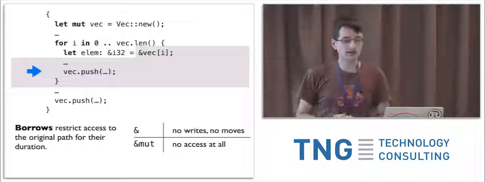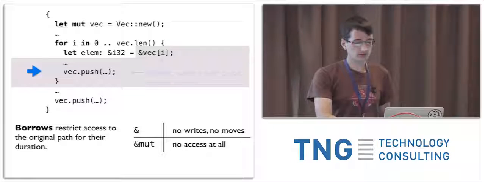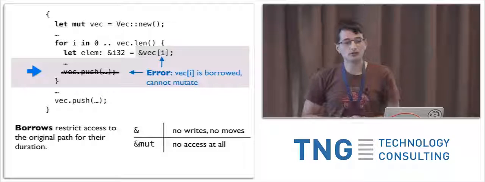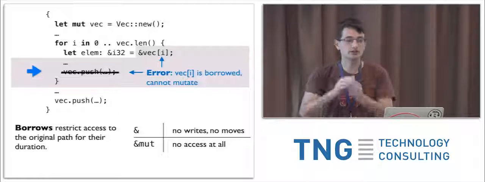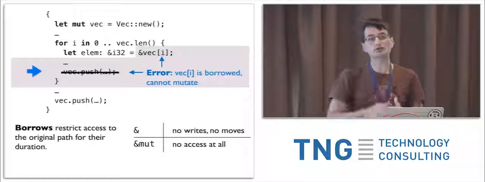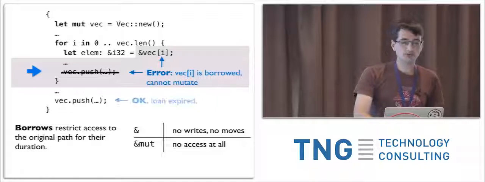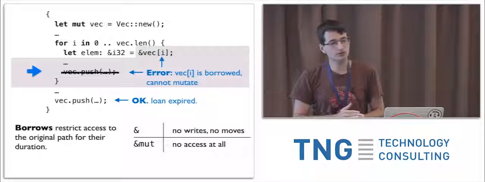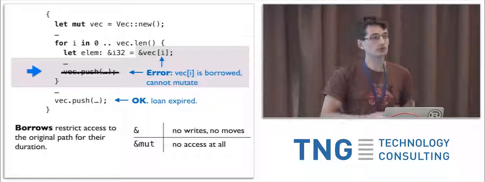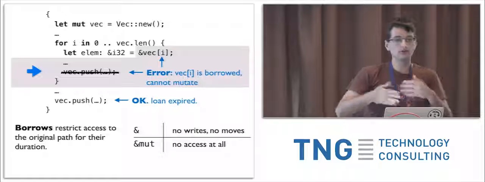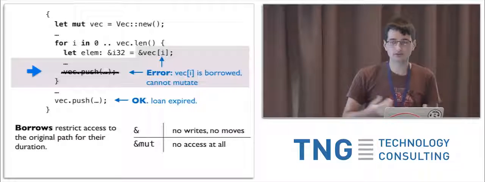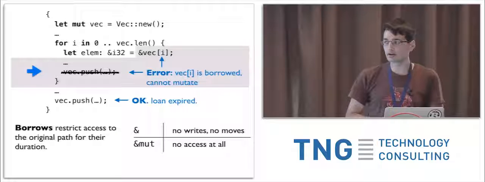While that borrow is active, you can't take out a mutable reference, so this is going to be disallowed. The compiler says that the vector is already borrowed for this period of time, so I can't allow any other borrows during this time. But on the other hand, it understands that once you come out of the for loop, you've exited that scope, and you can now take a mutable reference again. Once all references have gone out of scope, you can continue to take more references or more borrows out of an element.